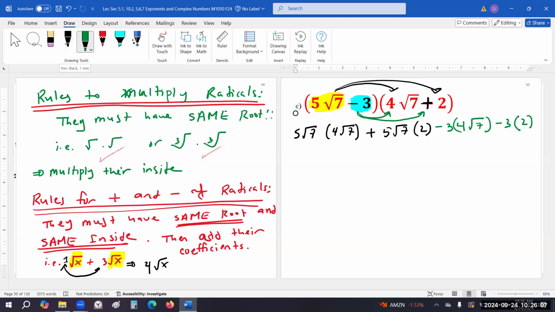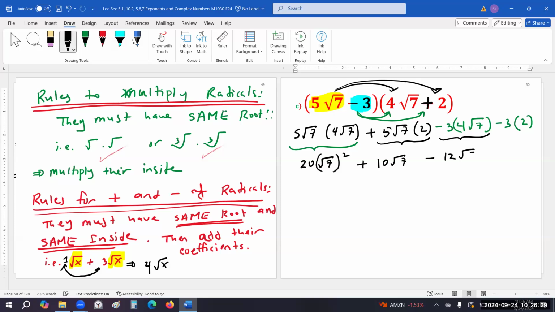Jean, what did you do next? 20 radical 7 square, perfect. 10 radical 7 minus 6. Wonderful.